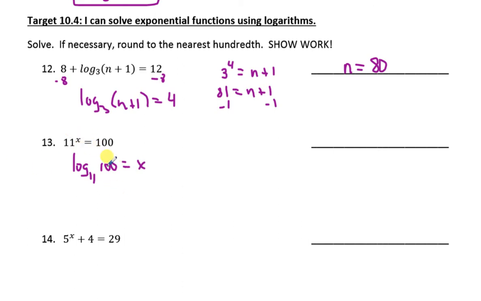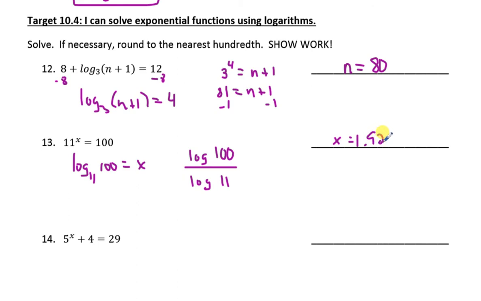Solving for exponents, we use logs is really what it boils down to. And then we do the change of base rule. So we got log of 100, which is actually just 2, divided by log of 11. And I did this on the calculator earlier, x equals 1.9205.